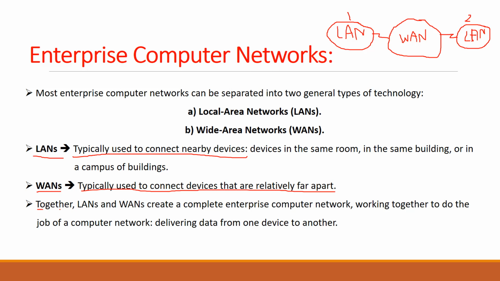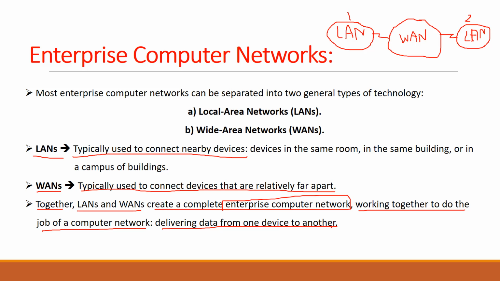So together, LANs and WANs create a complete enterprise computer network, working together to do the job of a computer network, delivering data from one device to another. So just think about the two enterprise networks as simply LANs and WANs.